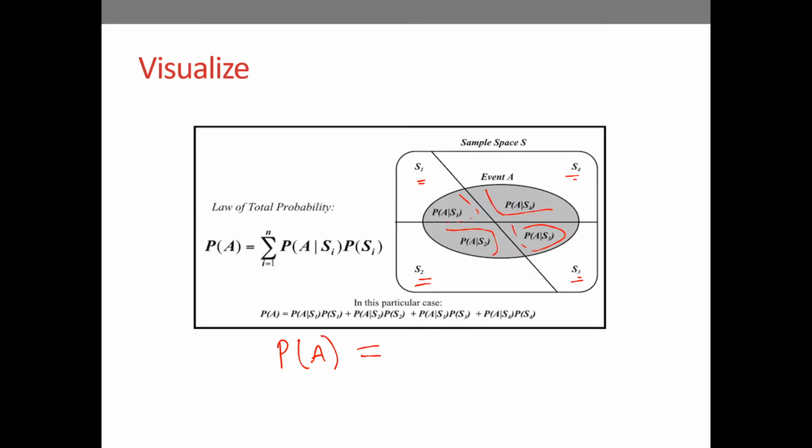So I can write down that the probability of event A is the sum from i equals 1 to n, because let's assume there are n of these. The picture shows only 4, but let's assume there are n parts into which A is divided.